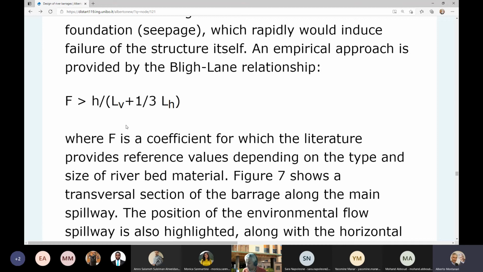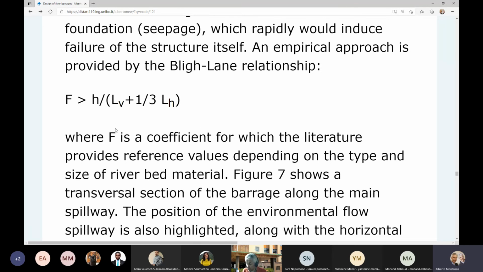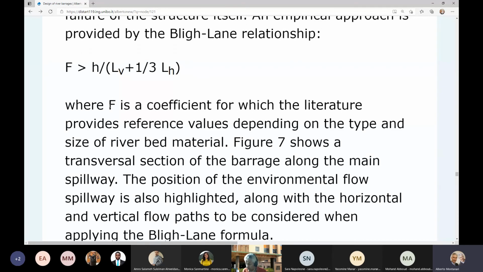Okay, and so we have reference values for the coefficient F. Depending on the types and size of riverbed material, the literature gives these reference values. And of course, the literature gives higher F values for material that is less prone to piping.